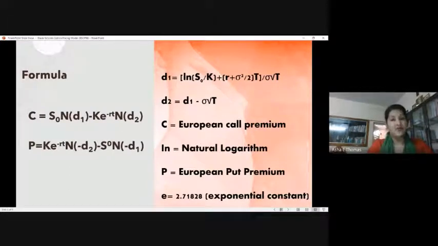Now, the formula. It may look a little complicated, but basically it is very simple. Here, C is what we call the European call premium. Premium is the price you have to pay for buying one call option. If you are going with the purchase of a particular call offered in the market, you can see the premium per call.